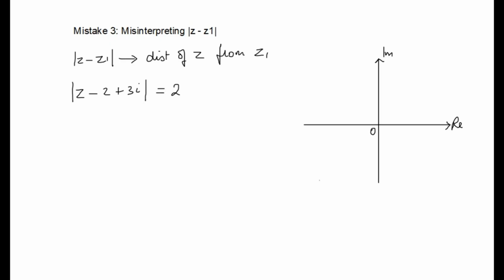To identify z1, you have to write it in the correct format. So you have to write z minus, open a bracket always, and put the 2 plus 3i inside the bracket. Because there's a minus sign outside, the sign of 2 plus 3i will change. So 2, instead of being negative, will become positive, and 3i becomes negative 3i.